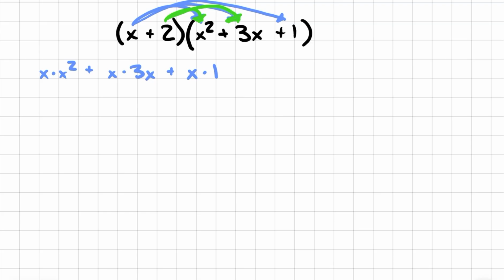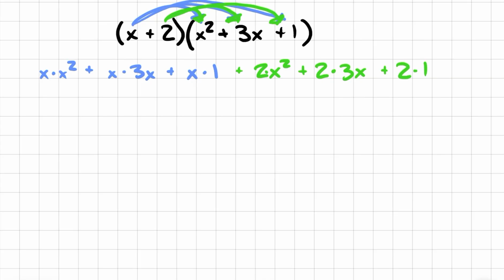Just going to go through that. So then I have 2 times x squared, plus 2 times 3x, plus 2 times 1.